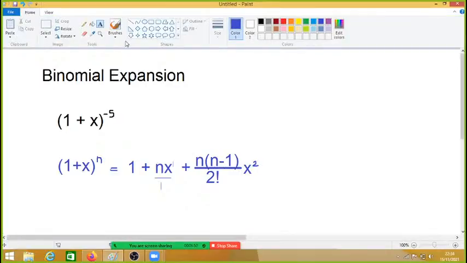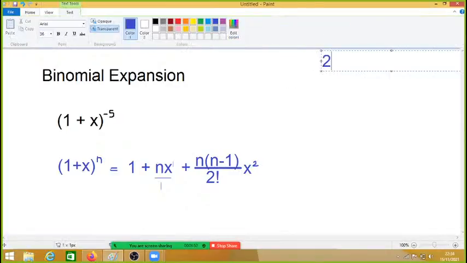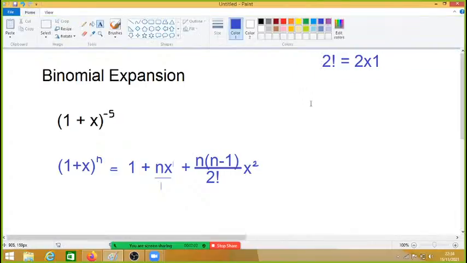So I'll just write that in the corner in case you forget. 2 factorial, which is written 2 exclamation mark, but it's pronounced factorial, really means 2 times 1, which is 2. So it's not too hard. It's quite easy. Okay, so that's the first term, second term, and that's the third term.